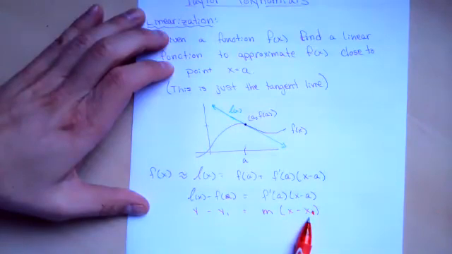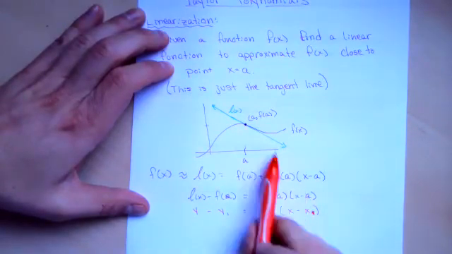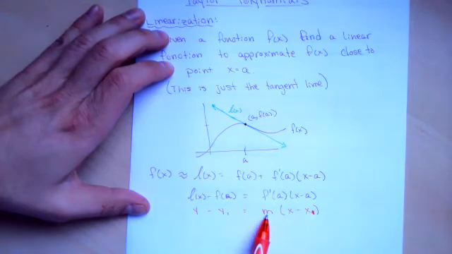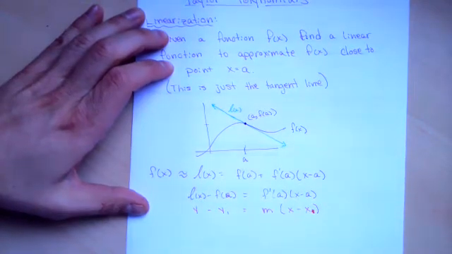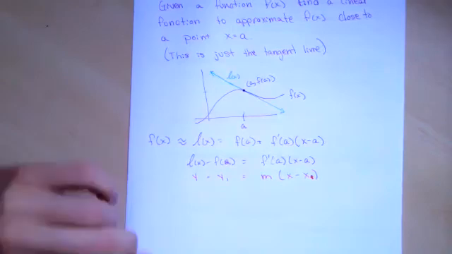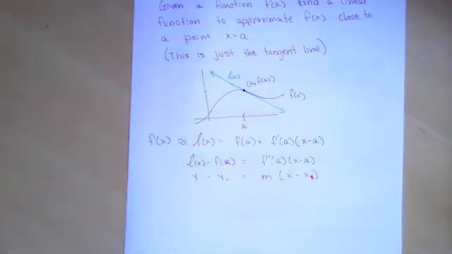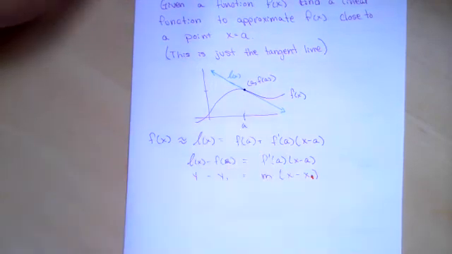Our x1, y1 is a, f of a. Then, of course, our variables are the function L of x or y, and then x. And our slope, of course, is the derivative. And so this gives us the closest linear function that matches at that point.